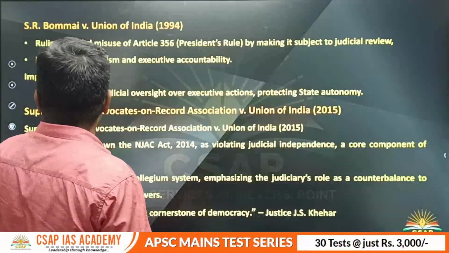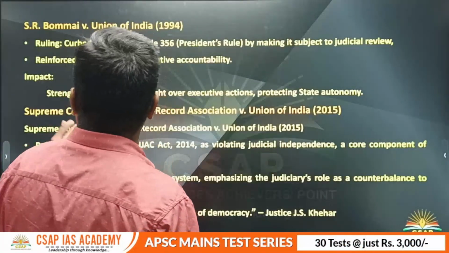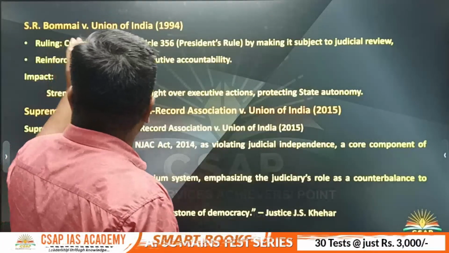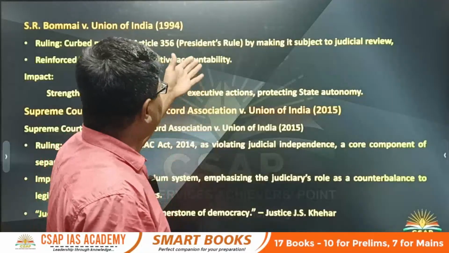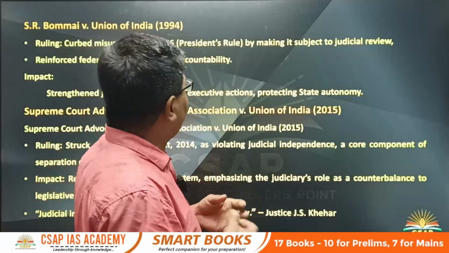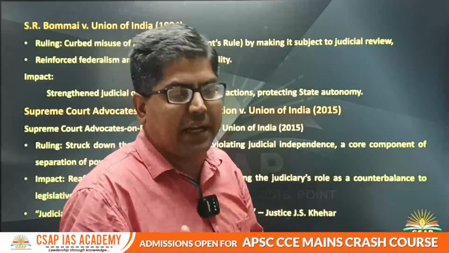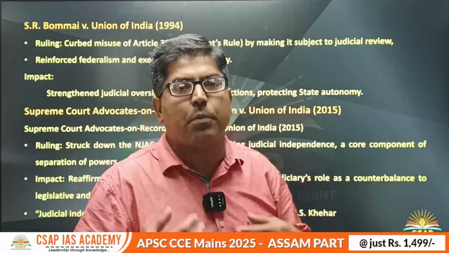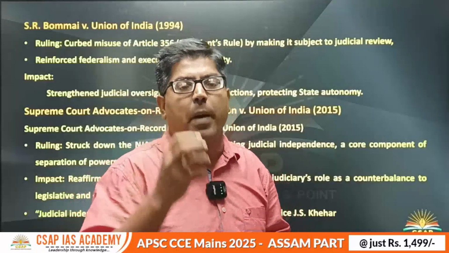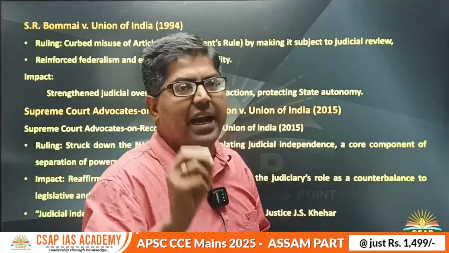Now another case, S.R. Bommai versus Union of India in 1994, basically curbed the misuse of Article 356. As we told you, many times the executive can also abuse the power, and therefore there need to be specific provisions through which this abuse of power can be effectively curtailed and addressed.